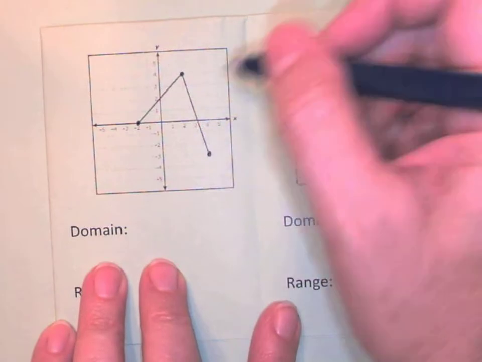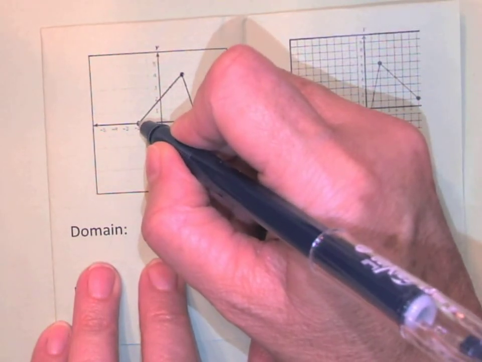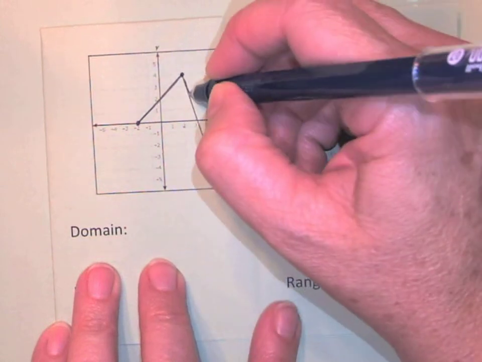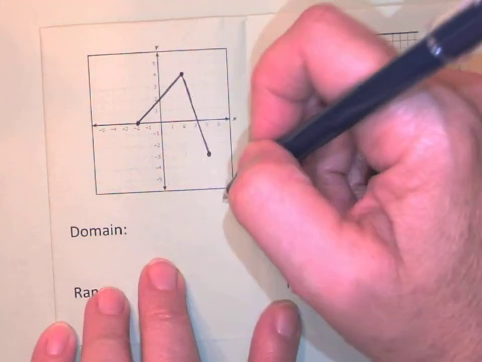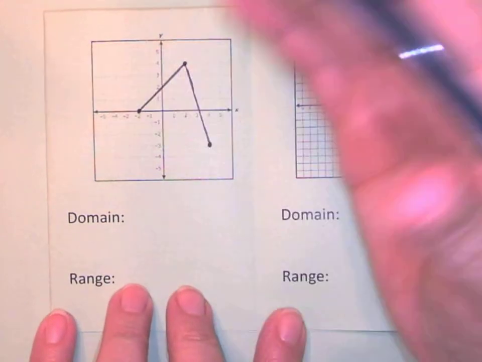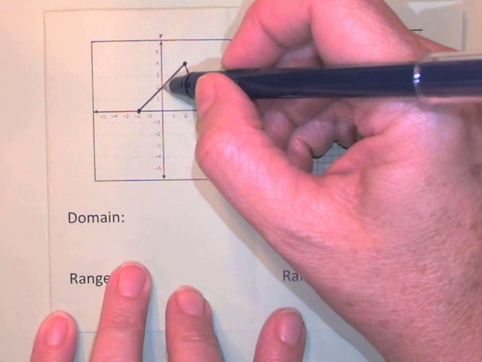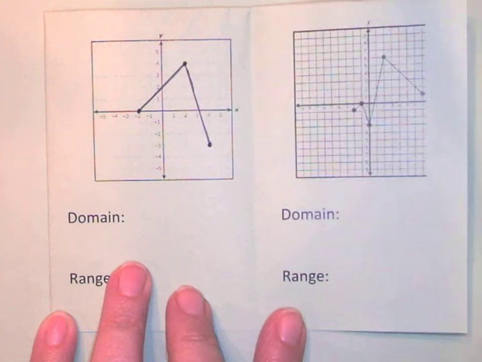This one is a function. All the x's means it includes all the x's along this line, so there's way too many to count. We can't just list them like we did on a discrete function. So let's look at the boundaries, because all these little x's, decimals, fractions, everything in between are included.